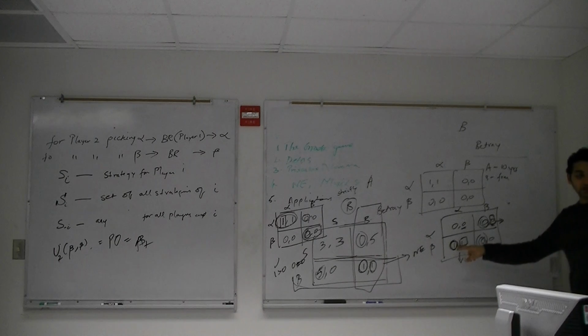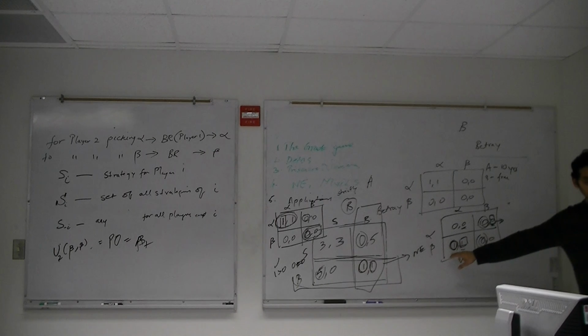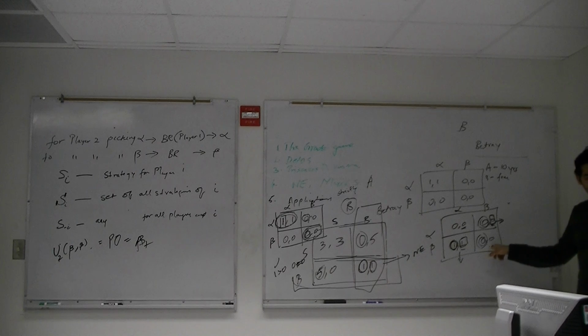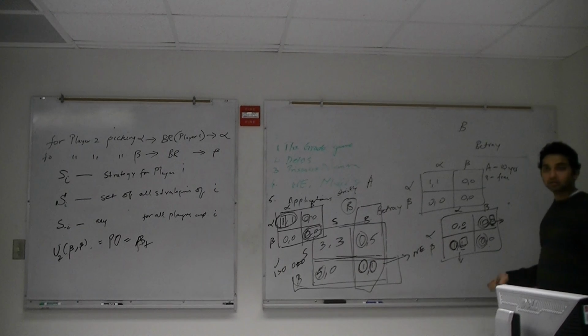He would choose only alpha here. And this guy will choose beta here, right? So why should they go to beta comma beta? Right?